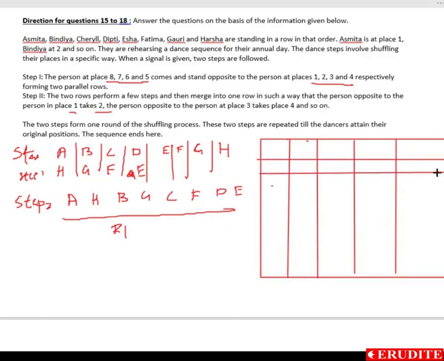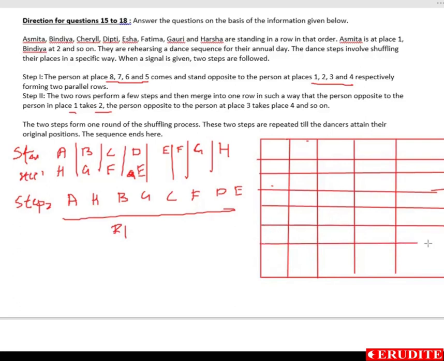Positions 1, 2, 3, 4, 5, 6, 7, 8. Okay, so let me write the names over here. Starting, round 1, round 2, round 3, round 4. Starting, I know: A, B, C, D, E, F, G, H.